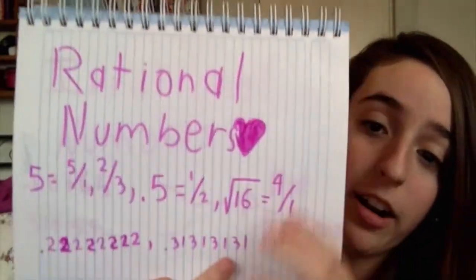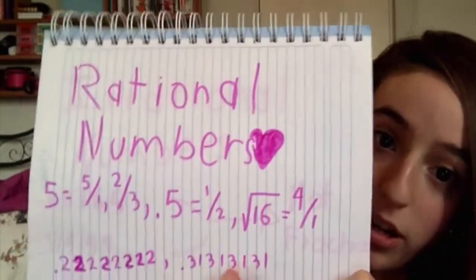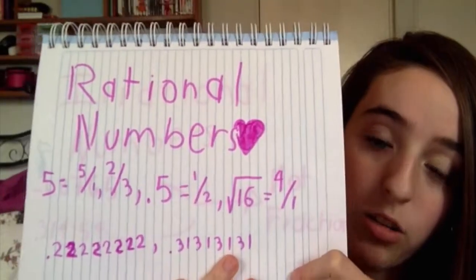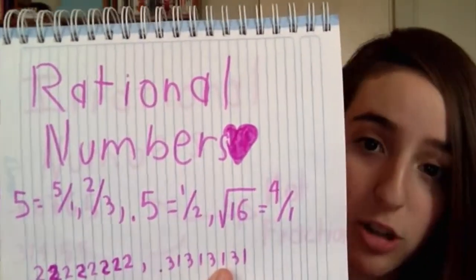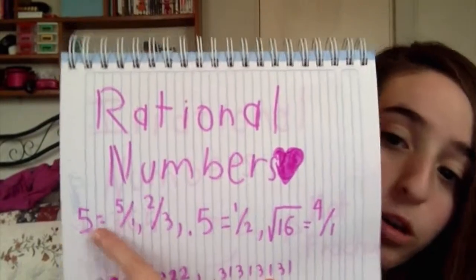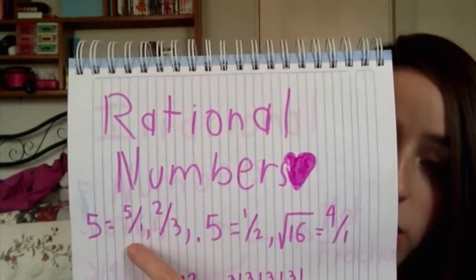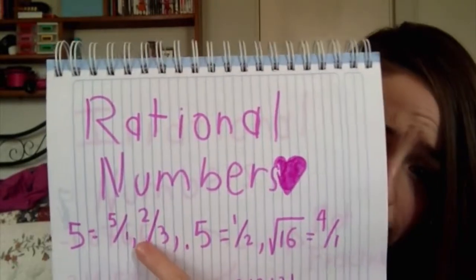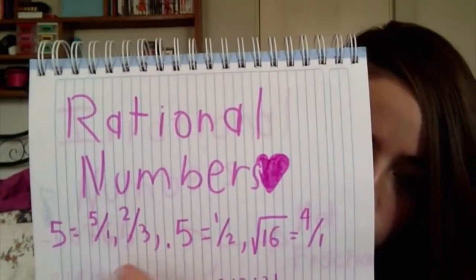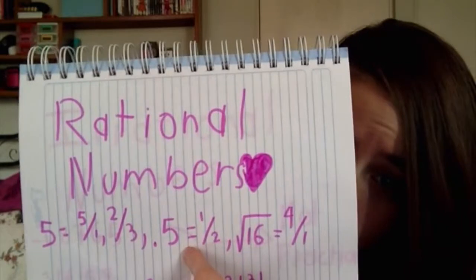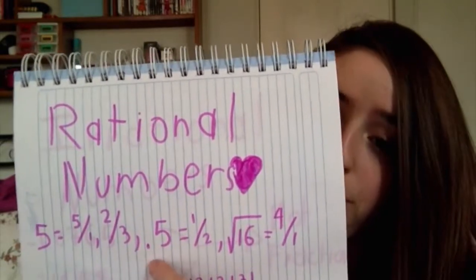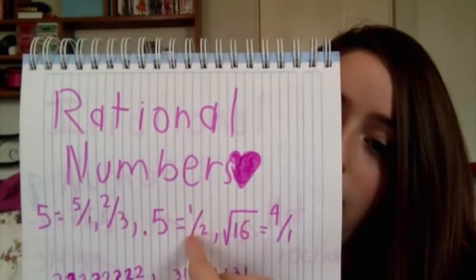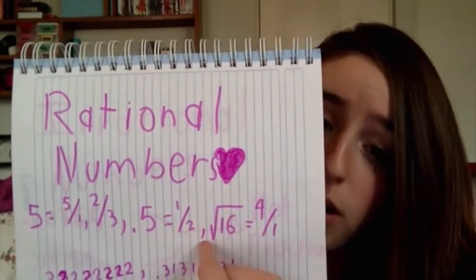Rational numbers are numbers or decimals which can be turned into fractions. All fractions are rational numbers. So it can be whole numbers because they can be turned into fractions over 1, simple fractions like 2 over 3 or 2/3, decimals that can be turned into fractions such as 0.5, that is 1/2 or 1 over 2.